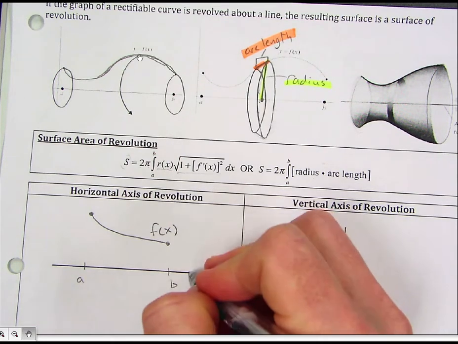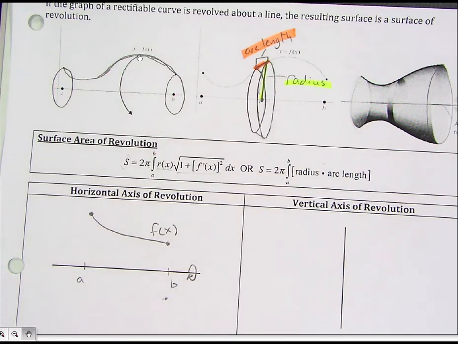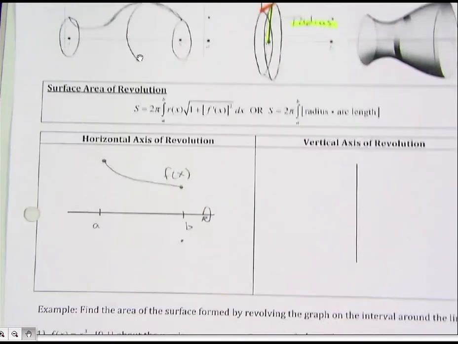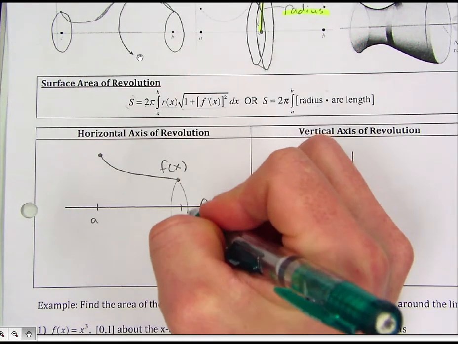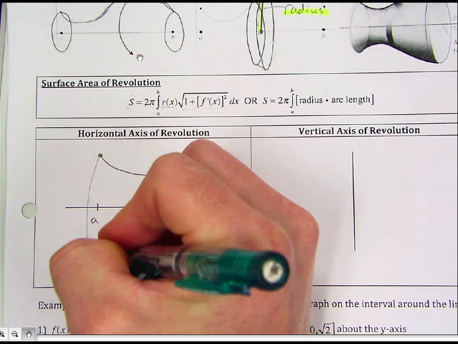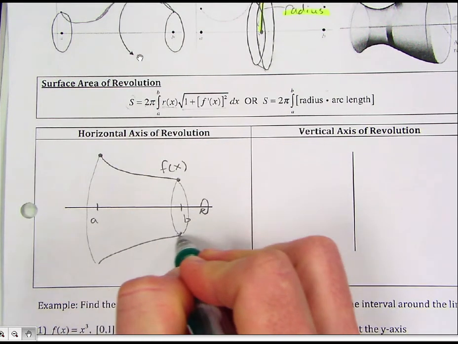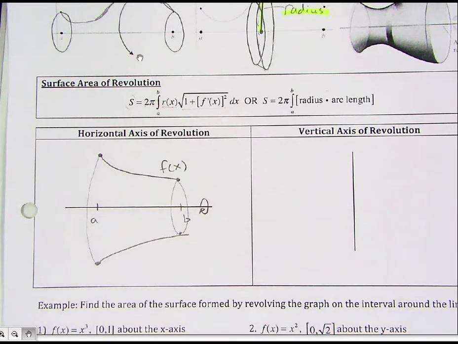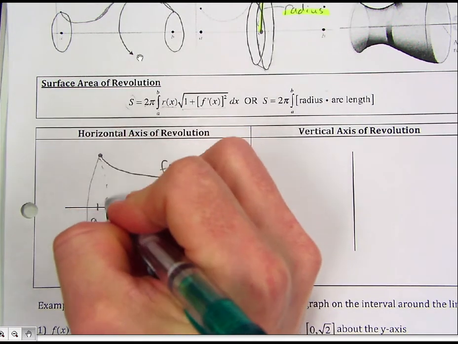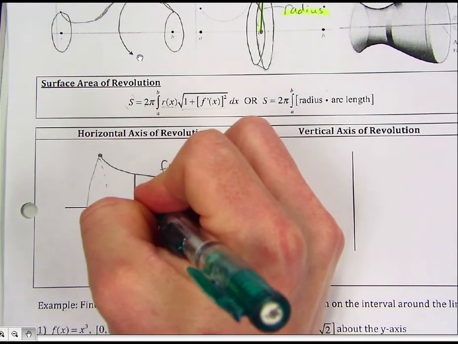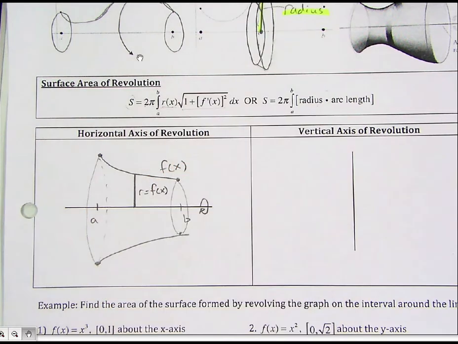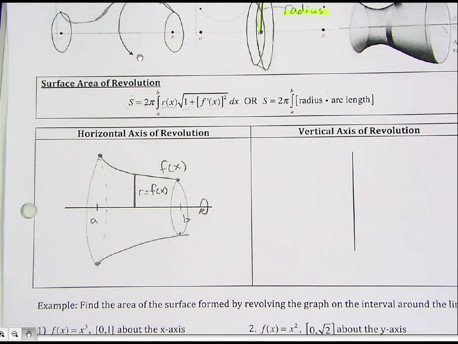If we revolve this, you can kind of see the resulting shape. Now if we're looking at this, what would our radius equal? Function of x. Okay? And then arc length is still the exact same thing.